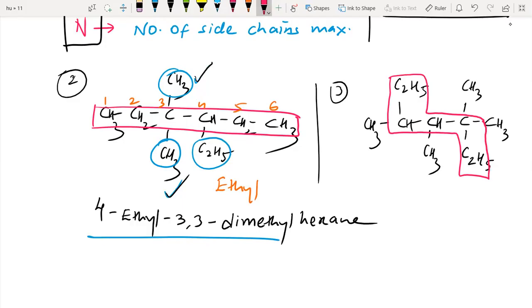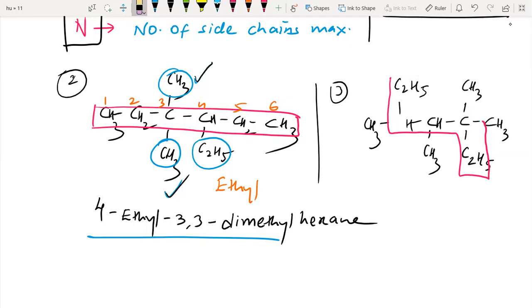What you have to keep in mind is that before the terminal carbon, the second last, if there is an ethyl group, that should be there in the chain. Okay, so now this selection part is done.